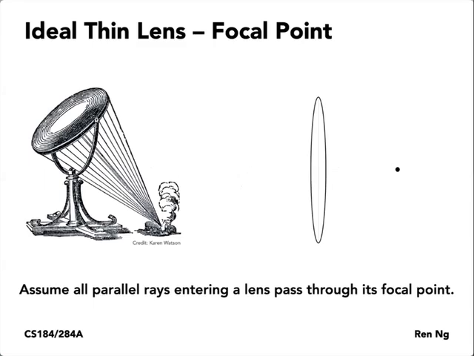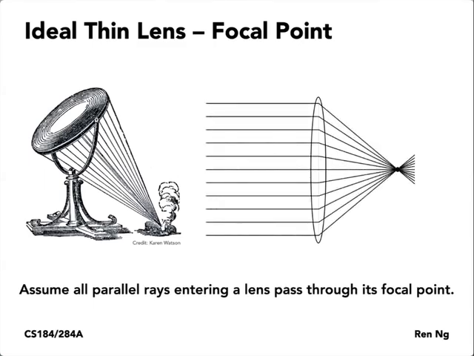It assumes that all the parallel rays of light that come to some lens are going to refract perfectly to come through its focal point. Okay, geometrically perfect. And in this situation, that point where they all go through, at least the parallel horizontal rays as shown here, that's the focal point of this lens. And the distance of that point to the plane is the focal length that I was referring to last time.